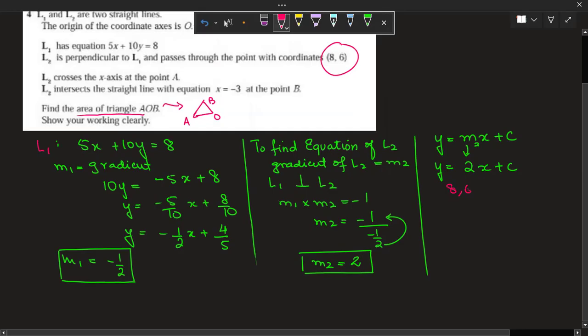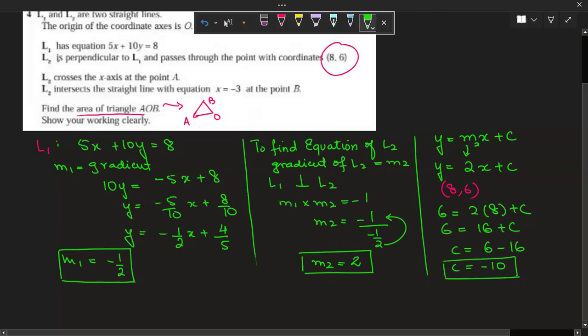So we substitute the x and y values into the equation: 6 equals 2 times 8 plus c. 6 equals 16 plus c, and then c equals 6 minus 16, which is minus 10, right? Finally, we got the equation for L2: y equals 2x minus 10, right?